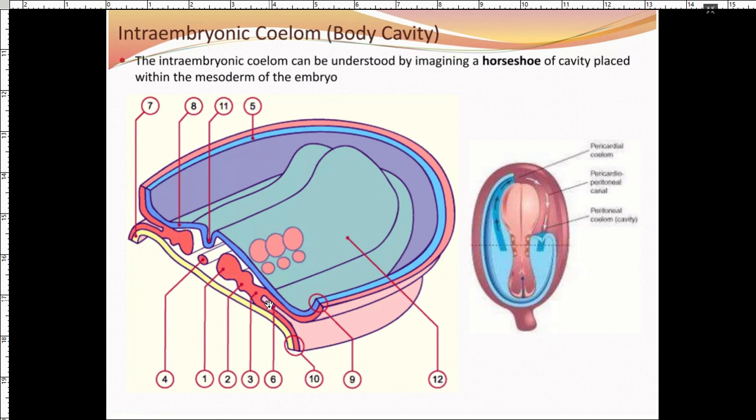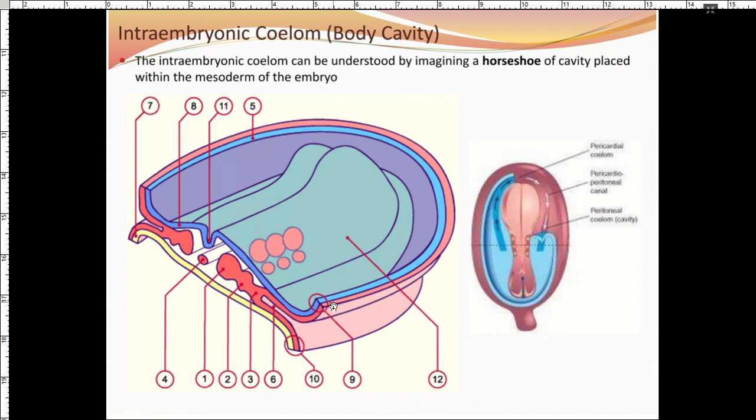So the lateral plate mesoderm is later going to be divided into two. The part that is going to overlie the ectoderm, this part, right, is going to be called your somatopleuric layer, or your parietal layer.